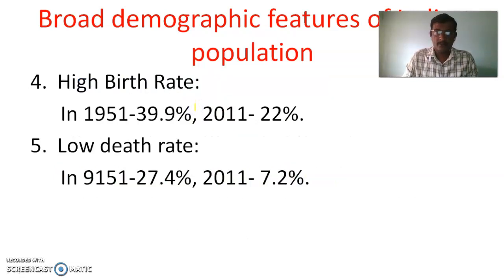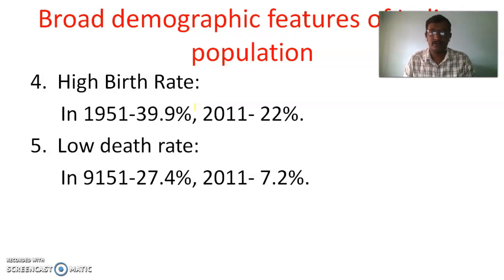And likewise, we have another important feature, the high birth rate. We can see the data here. In 1951, we had a high birth rate of 39.9%, which was reduced in 2011 to 22%.